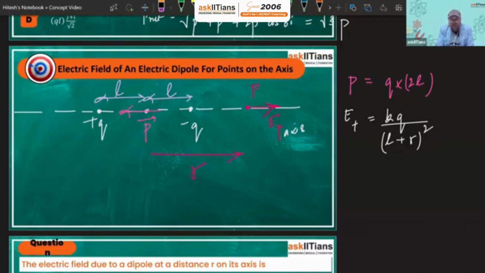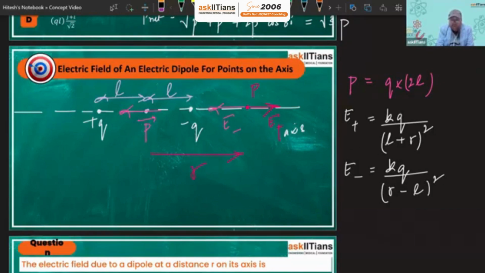Now what about due to minus Q? It should be in this direction. E minus, and what should be its magnitude? E minus must be K Q by, with this distance being r and this being L, so we have (r minus L) whole square.